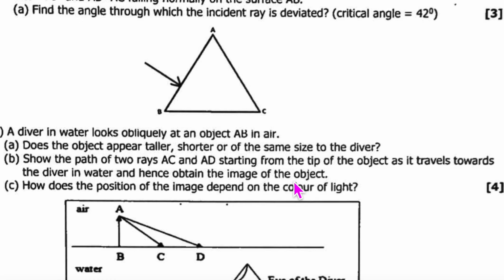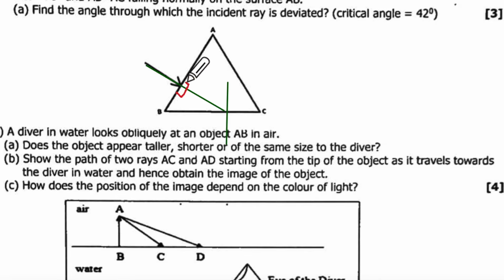Is it easy? This one is easy. What is it going to do? This is going to go this way, correct? You have drawn the diagram, then you show the normal, and you have to write the measures.